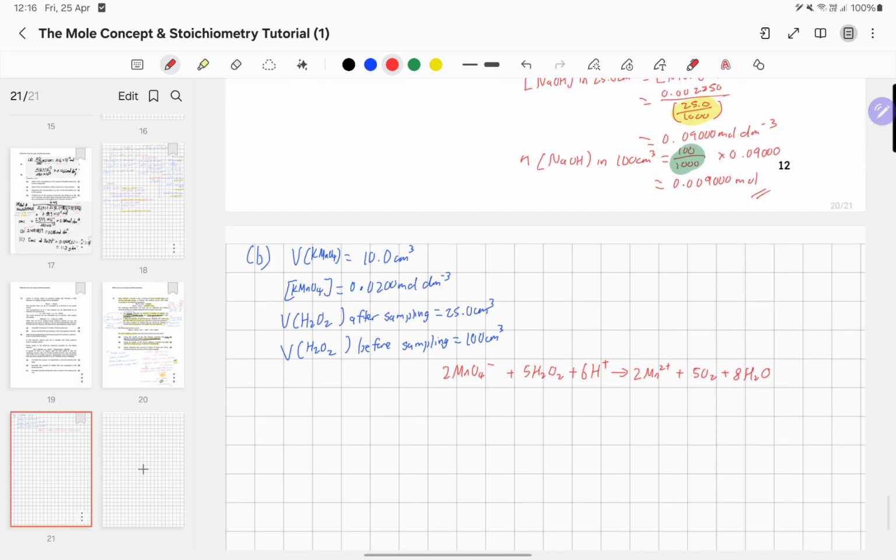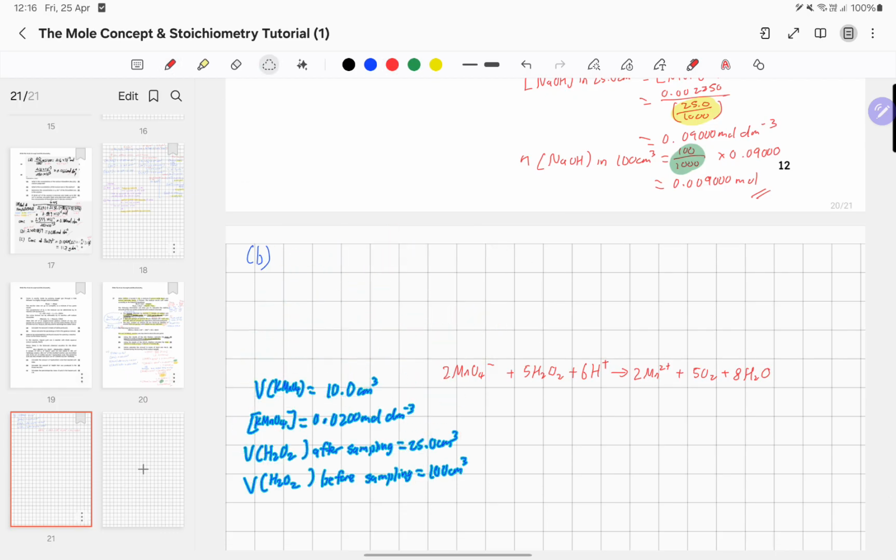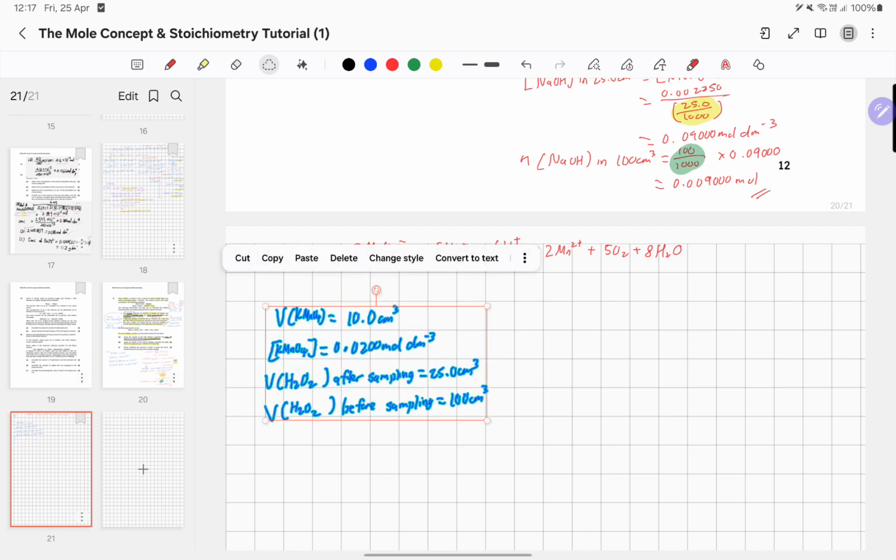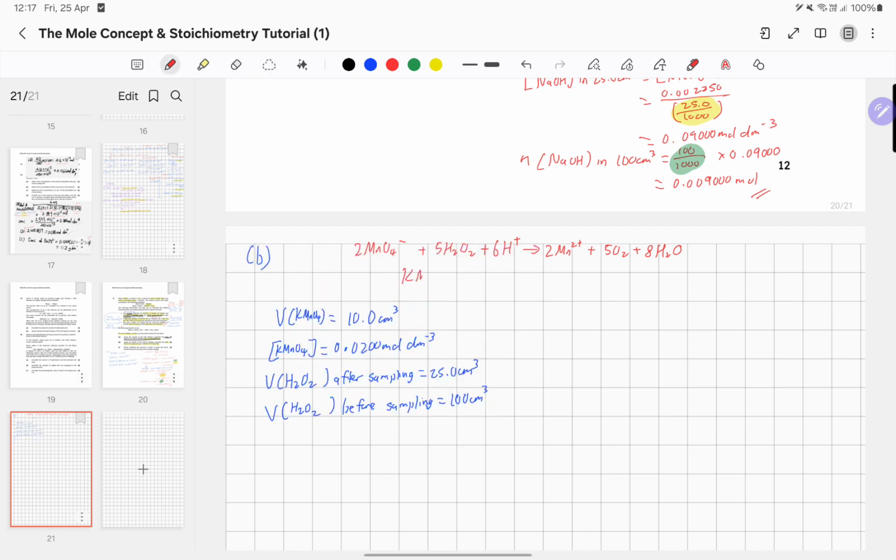Okay, so what information you have at your arsenal, you can actually calculate the number of moles of MnO4 minus. Just take note, KMnO4 is subdivided into K plus and MnO4 minus.